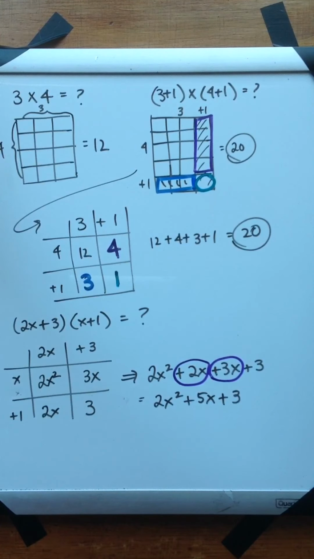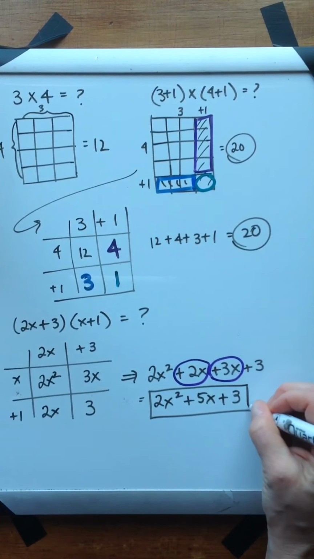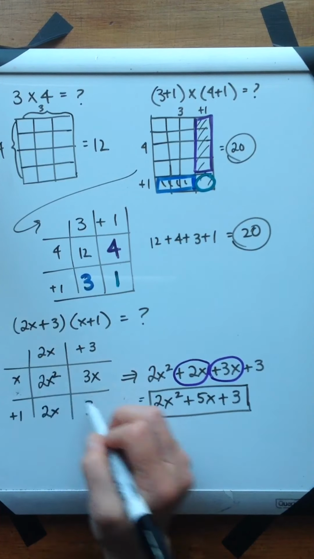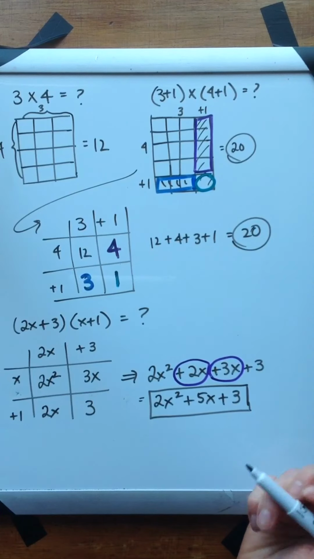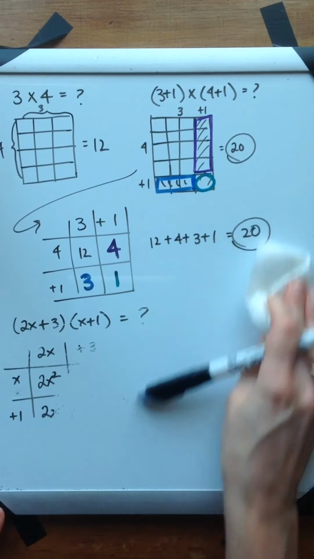Now, what if I told you that we could get to this answer a whole lot faster than drawing out a grid? Welcome to today's lesson. So, let's introduce you to something called FOIL. FOIL is a cute little acronym, kind of like SOHCAHTOA in some of our previous lessons, to help you remember some mathematical processes.